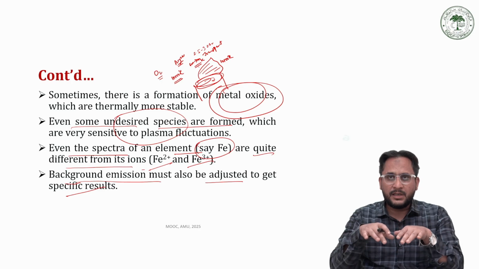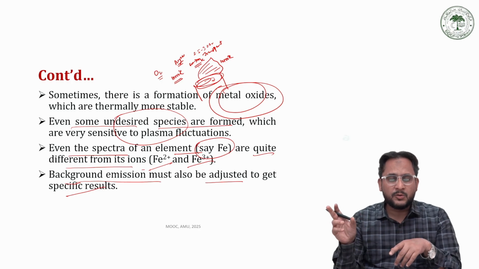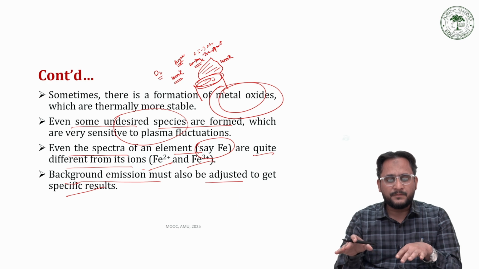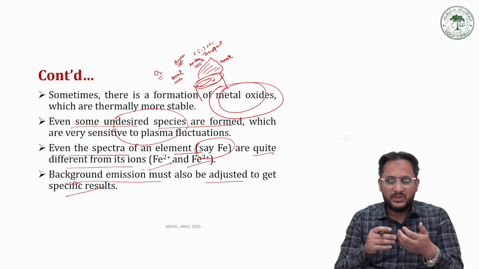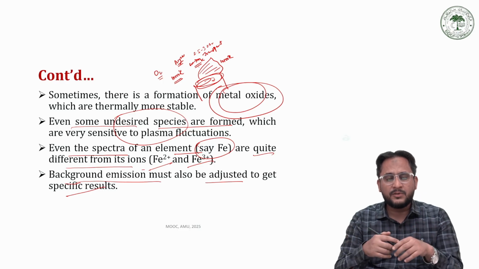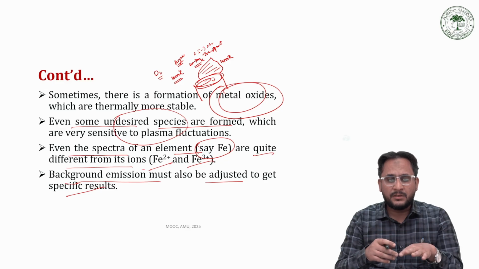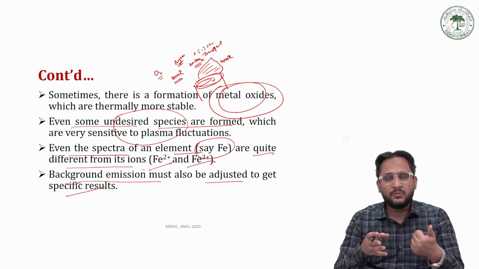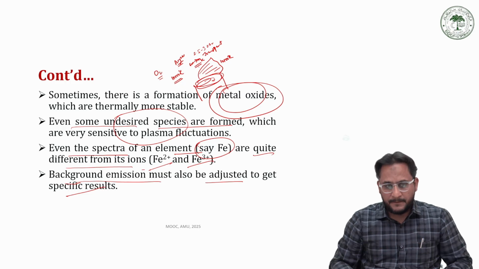In titrations, that is called background noise removal, which we do just by doing a blank run. So in this case also, the background emission can be removed by doing a blank run.